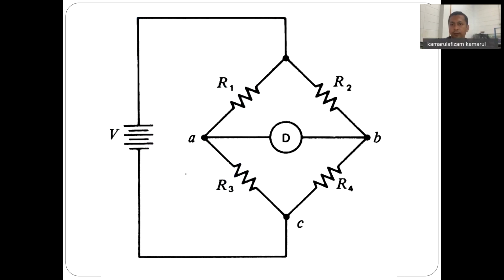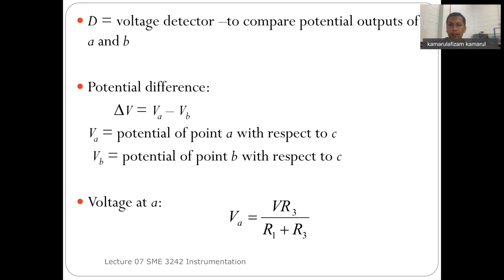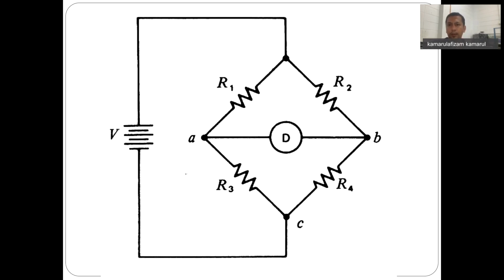Here you have VA and VB. Now we are looking at VA, the potential at point A with respect to C, and VB, the voltage potential at point B with respect to C. For example, the formula for voltage at A is VA = V R3 over R1 plus R3. So VA is basically taking one of the leg resistors, R3.